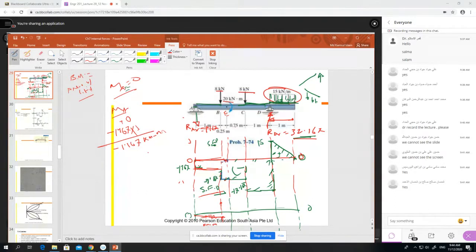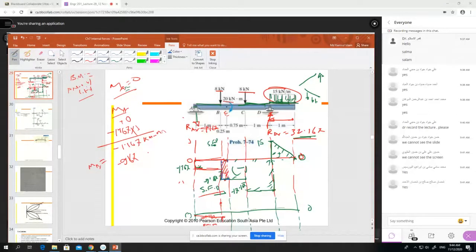Now what will happen at point E, here? What is the bending moment there? At point E, we have minus 1.167, and then we have this area. And how much is the area? We have minus 9.167 up here. This is the area showing in the blue diagram.